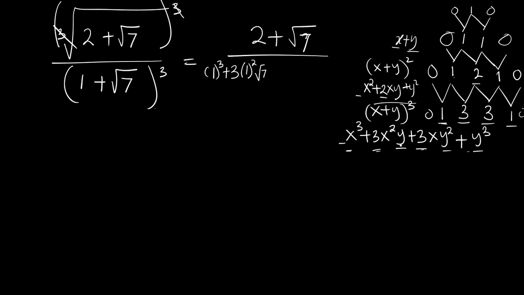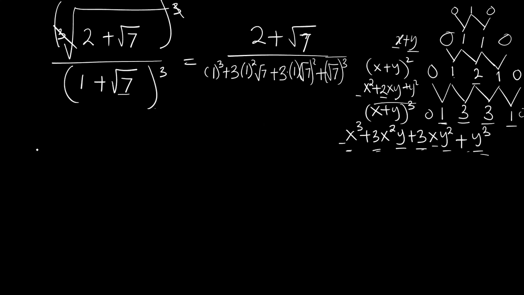This is x squared y. This is your y here. Now plus 3 times 1, which is x, just x, then y to the power 2, then plus root 7 raised to power 3, which is the same thing as this.